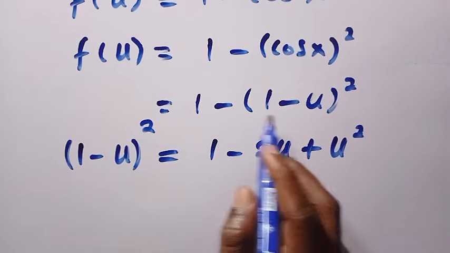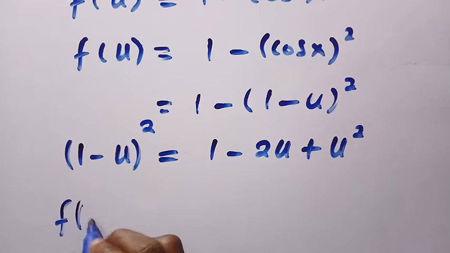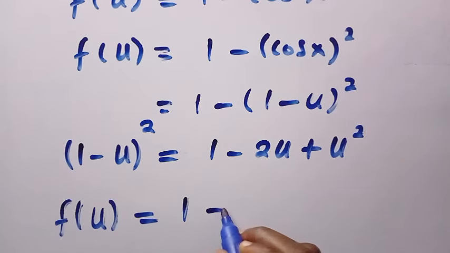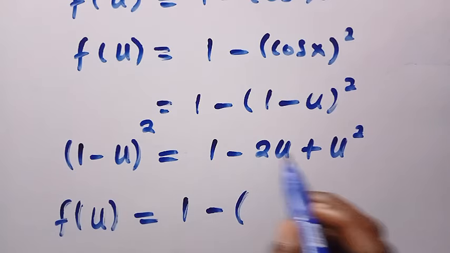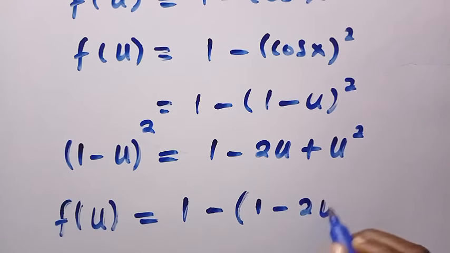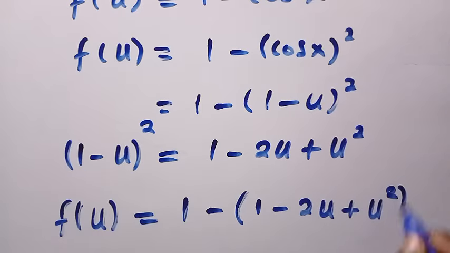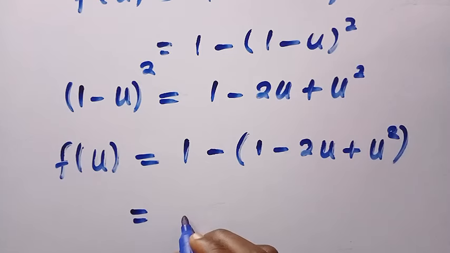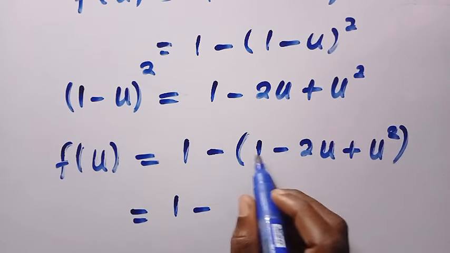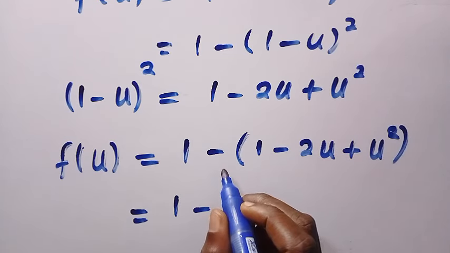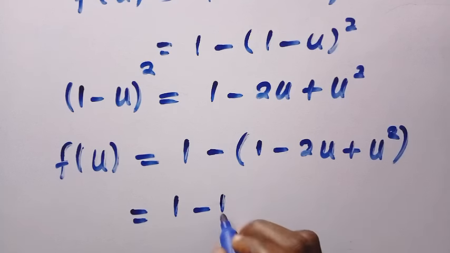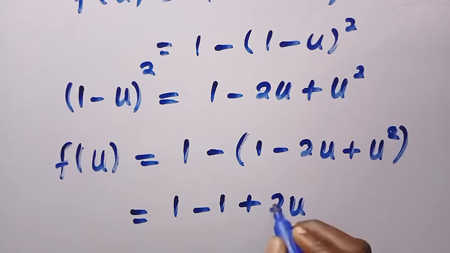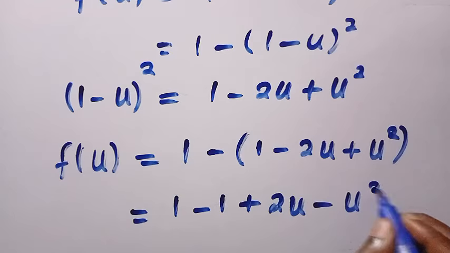And when we substitute back, we have f of u equals 1 minus open bracket 1 minus 2u plus u squared. So we have 1 minus, opening this parenthesis with the negative outside: minus times 1 is minus 1, minus times minus 2u is plus 2u, and minus u squared.